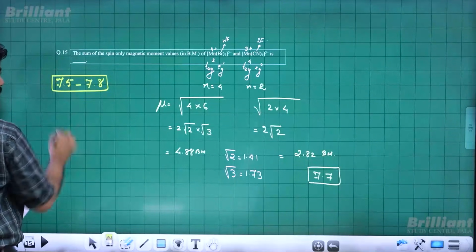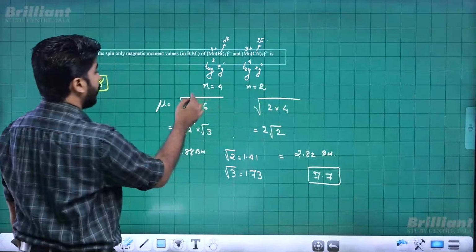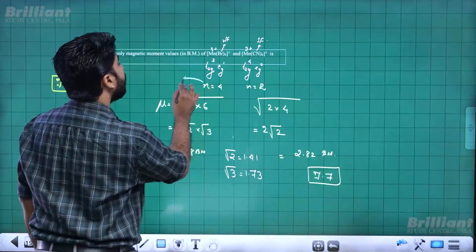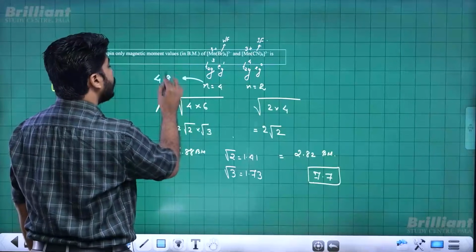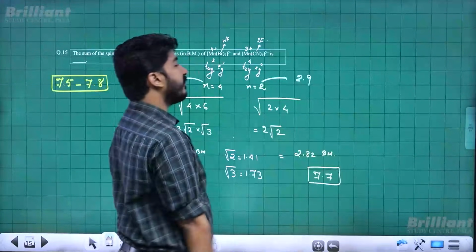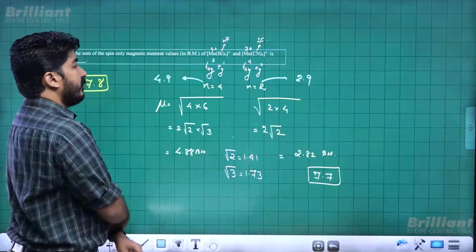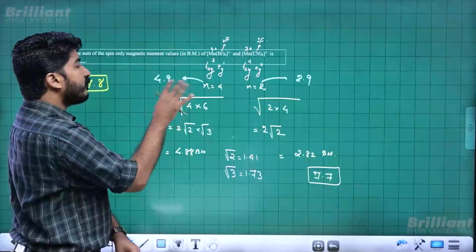That means even if you assume the general case that if there are 4 unpaired electrons, the Bohr magneton will be close to 4.9, and if there are 2 unpaired electrons, the answer will be close to 2.9, the general case. This is the data we'll just memorize, right?